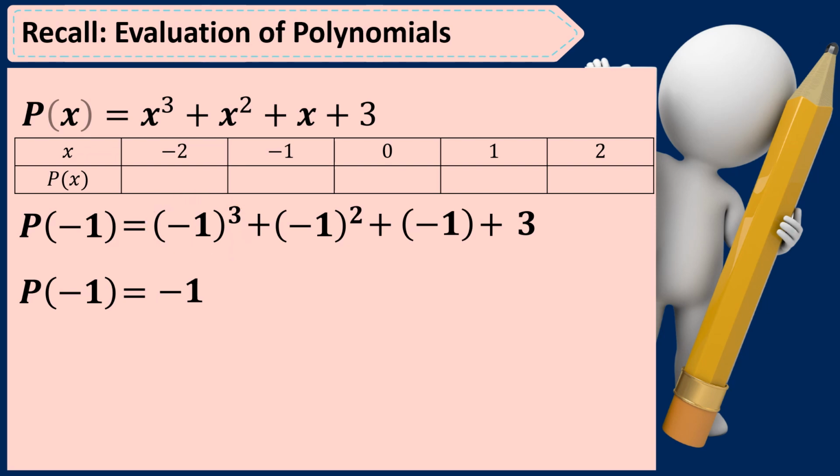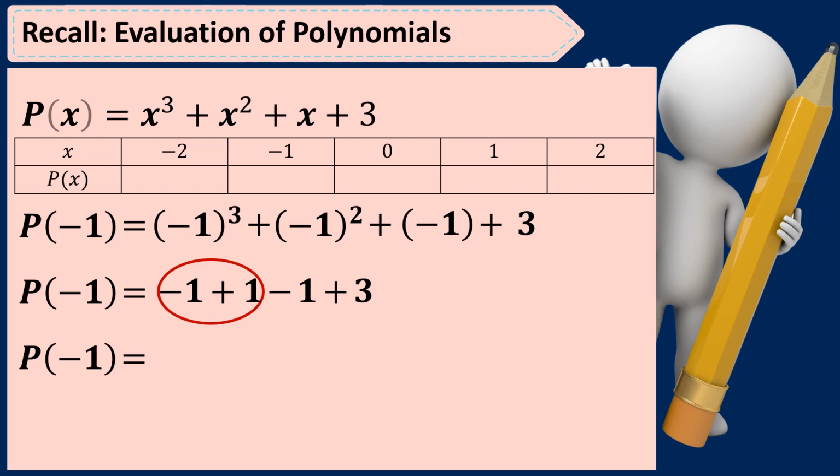If we simplify plus the square of -1, that is equal to +1. If you simplify plus -1, that is written as -1. Then we copy plus 3.